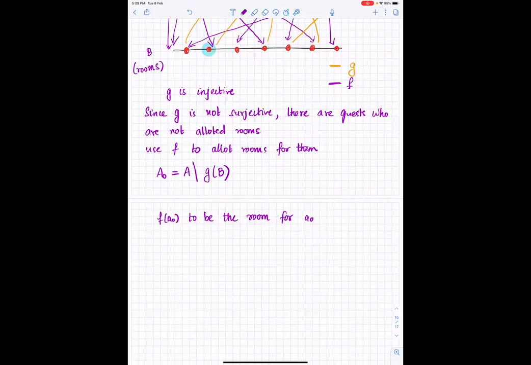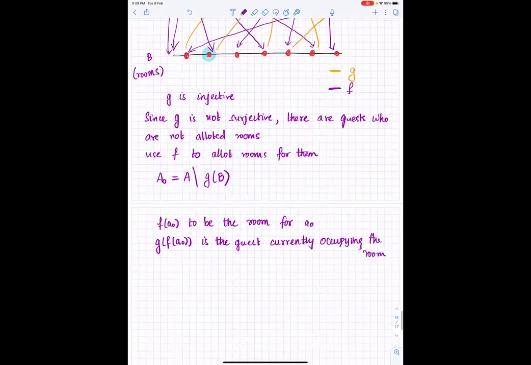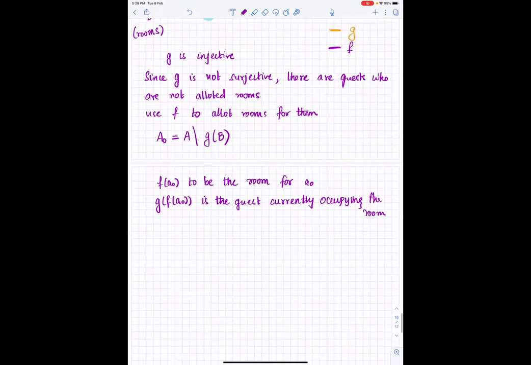But then it already has a guest, and who is that guest? g of f of A0 is the guest currently occupying the room. So he needs to be displaced from the room f of A0.